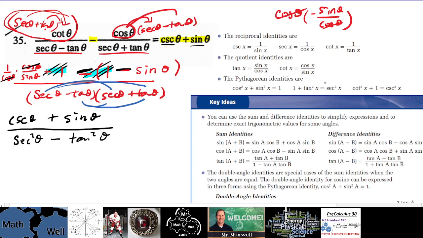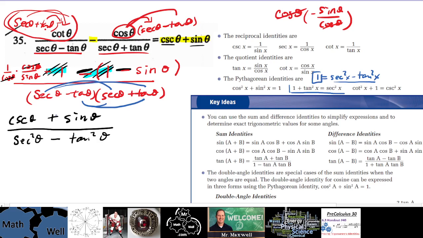Guess what? This identity over here, you can move terms around in an identity. That's totally fine. So if I took tan squared away from both sides, I'd have 1 equals secant squared minus tan squared. You see that? So secant squared theta minus tan squared theta equals 1.